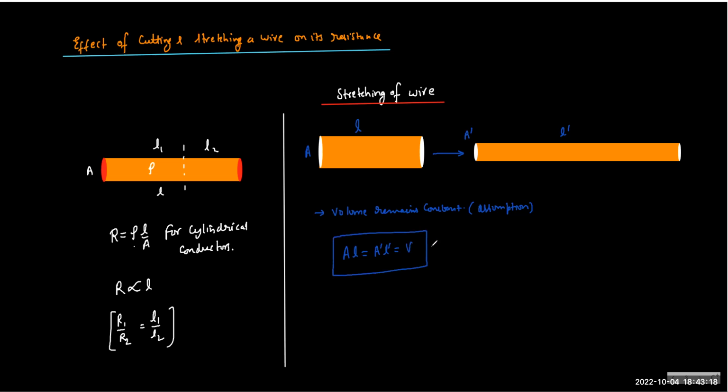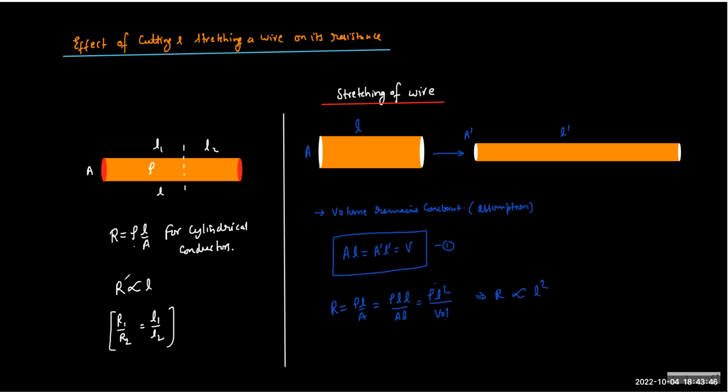The second you can write is the R definition, which is rho into L by A. Now to understand the effect, you have to express the answer in terms of volume. So multiply and divide by L, so we get rho L square by volume. So rho is constant, volume is constant. So this implies R is proportional to L square.